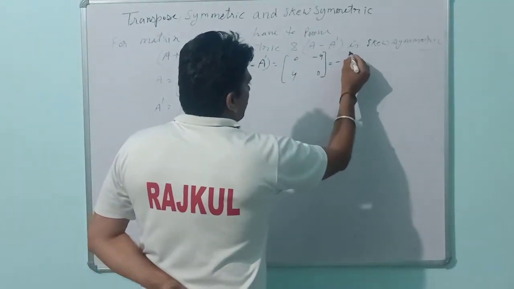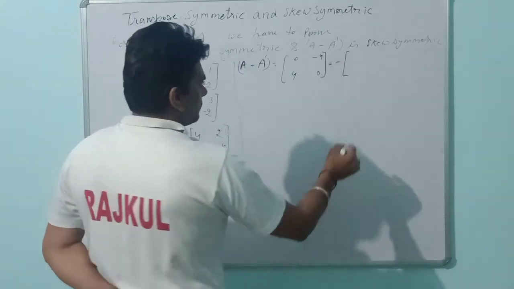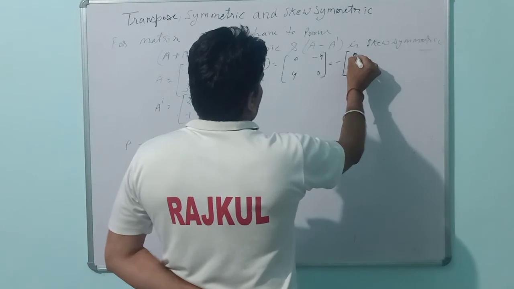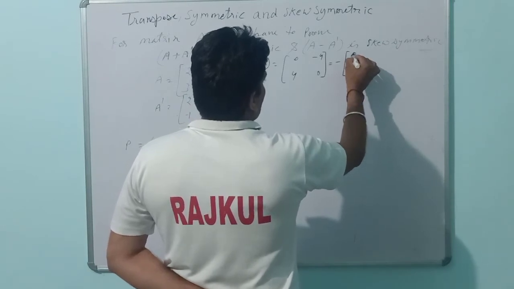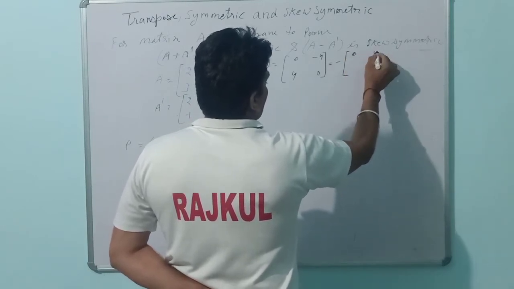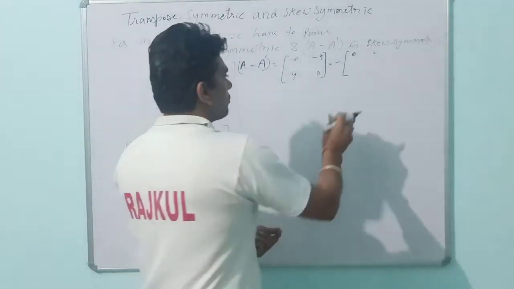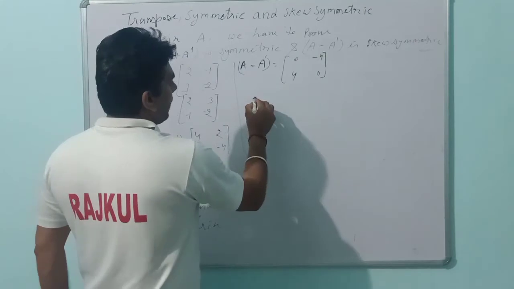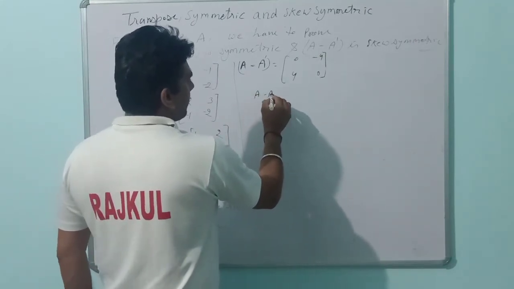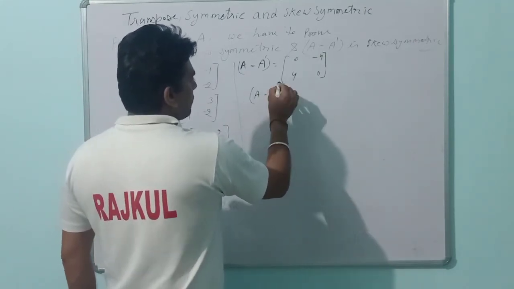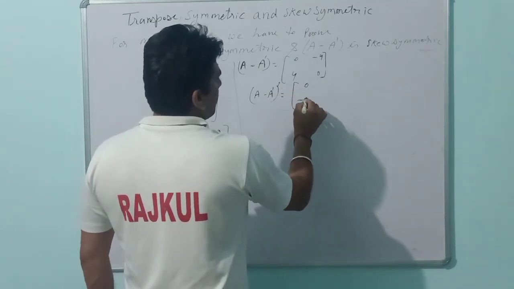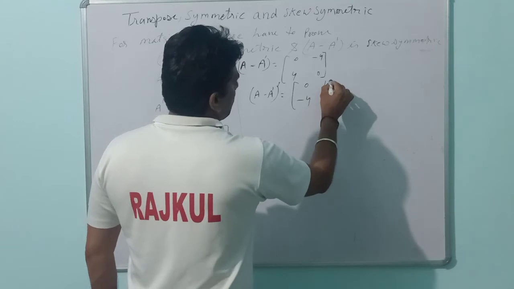Sorry, first we have to find the transpose of this. A minus A transpose, its transpose is 0 minus 4 4 0.